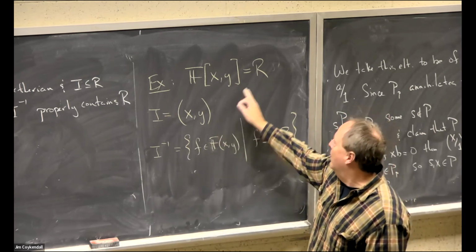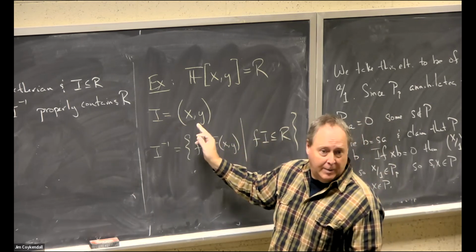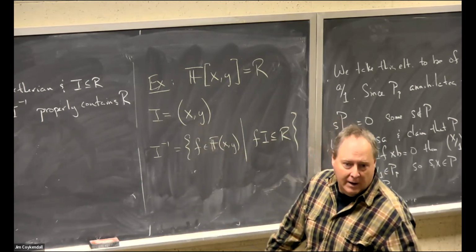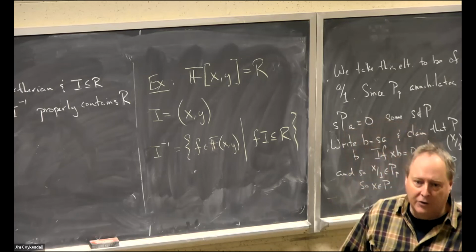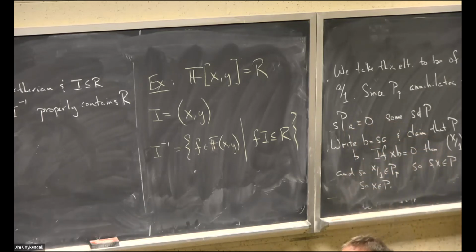So, for example, 1 is in here because 1 pushes the ideal back into R, because it's already in R. Now, the question you might ask yourself is: is there anything other than R in there?